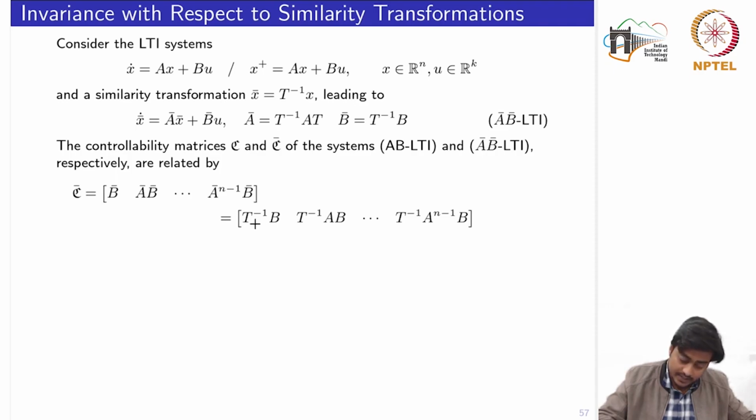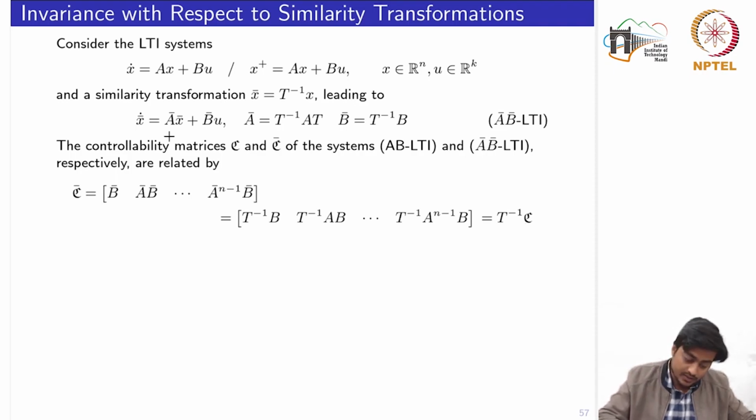Since T inverse is common in all these matrices, I can take T inverse outside, and the remaining part, if you see carefully, is nothing but the controllability matrix of this A, B pair. So I can write it as T inverse of the controllability matrix of this pair A, B.